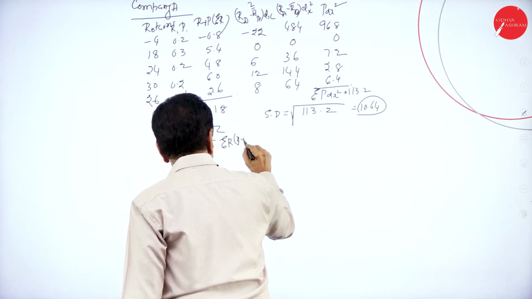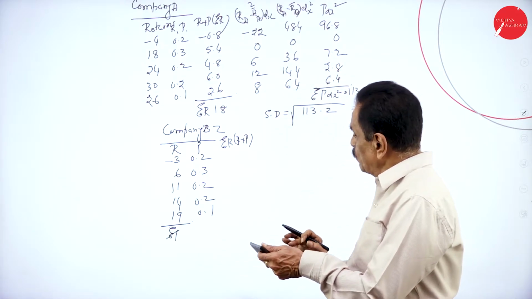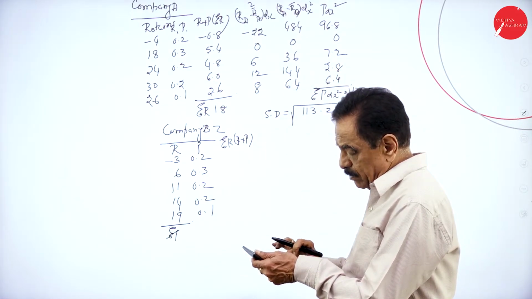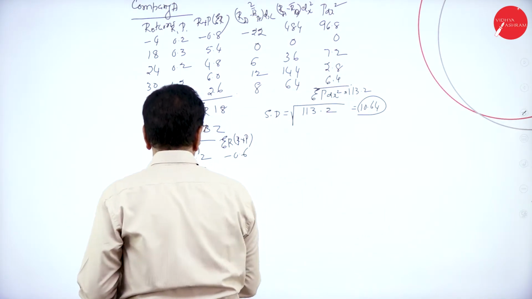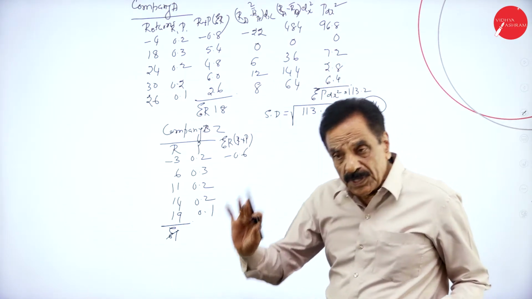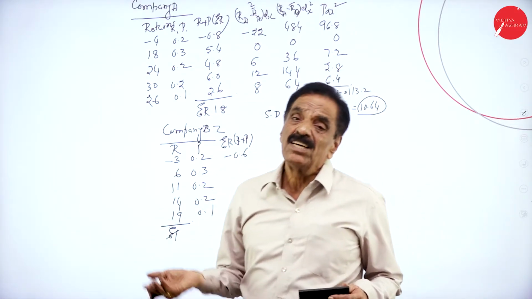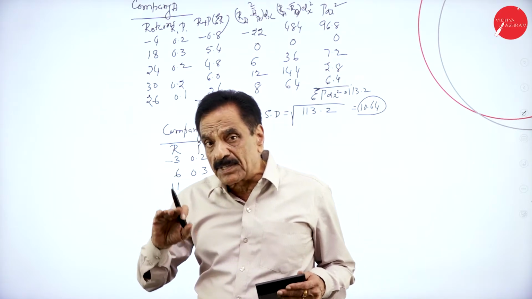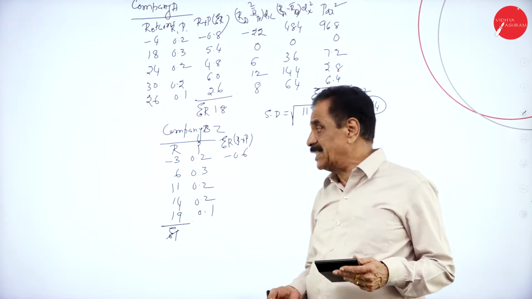R into P: -3 into 0.2, minus 0.6. When you say that probability is given, it is called ex ante. If the probability is not given, it is called ex post, we say. It is called a problem of ex ante.